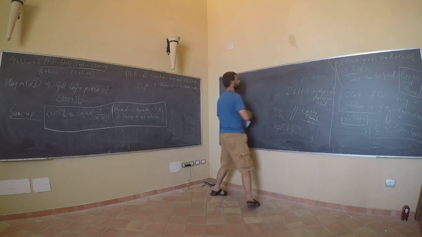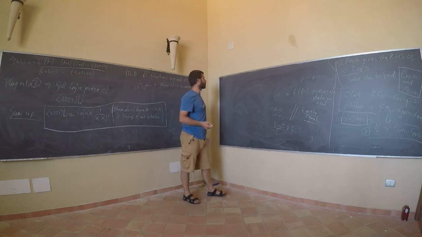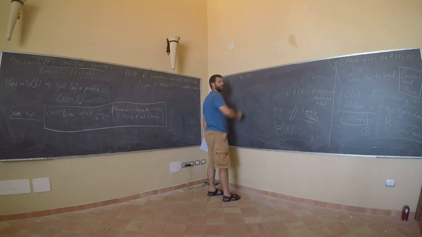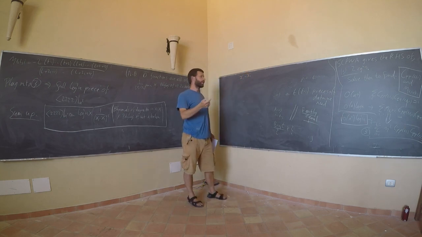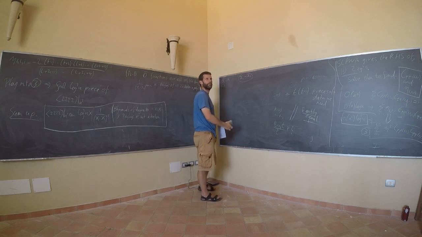Let me see, so with 3 loops, funny things start happening. Right, so in a symbol, the symbol depends on x1, x2, 1 minus x1, 1 minus x2. This appears at 3 loops.